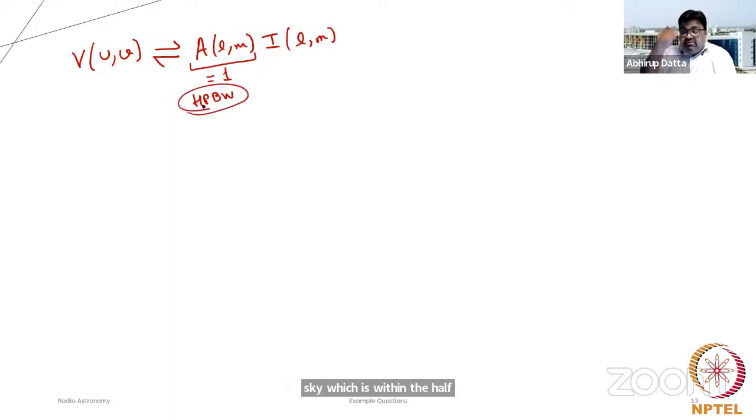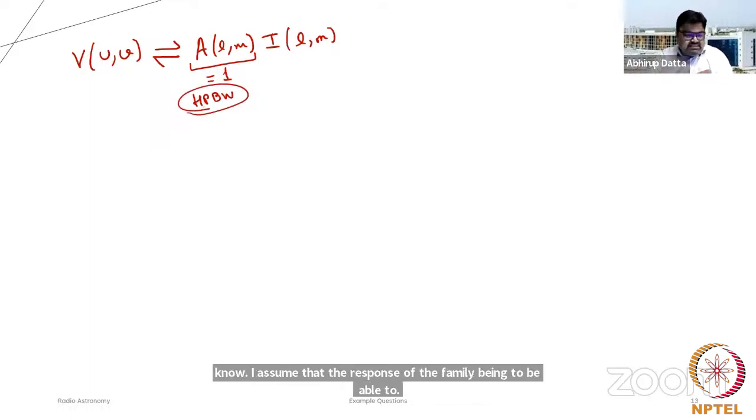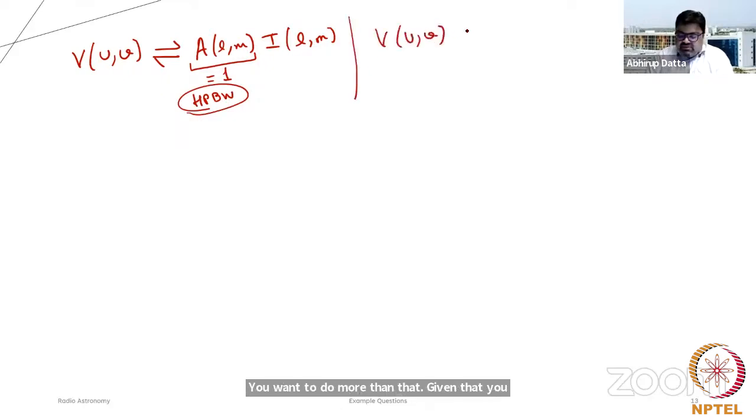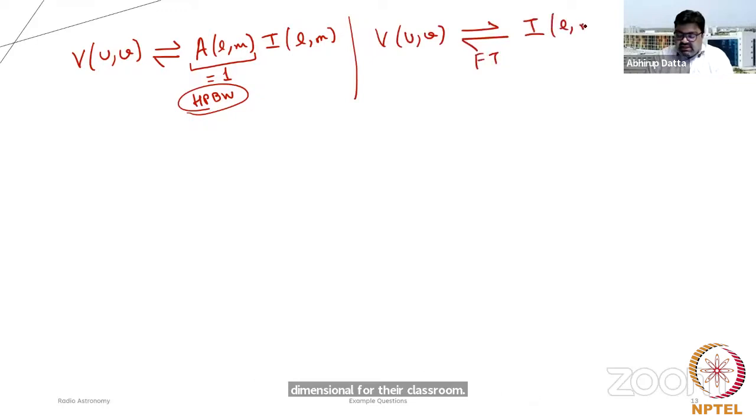Within the half power beamwidth we also assume the response of the primary beam to be equal to 1, or flat, just a simplifying assumption to make life easier. So you only image the part of the sky which falls within the half power beamwidth, and that's it. Given that, you have V(u,v), which is a two-dimensional Fourier transform of the sky I(l,m).